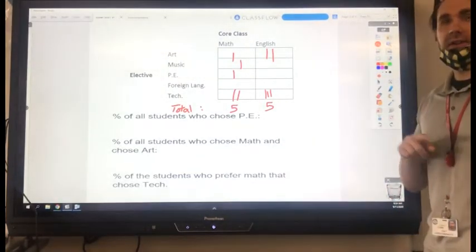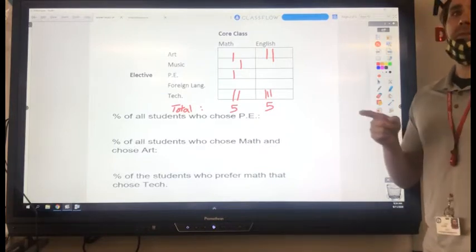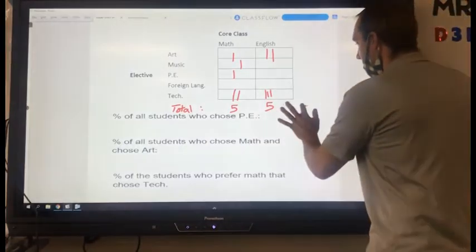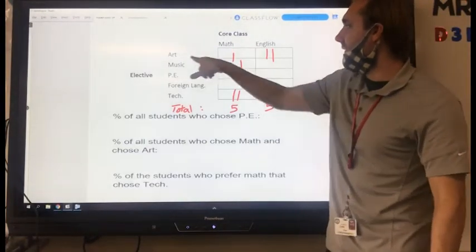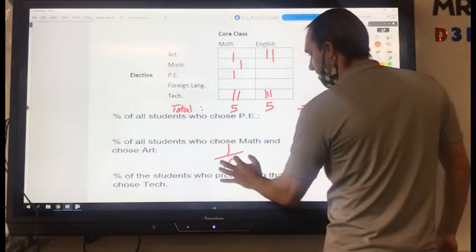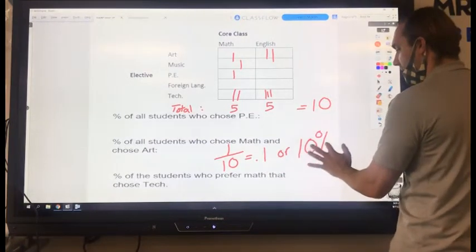They liked art and math. I heard 10%. How did she get that number? Well, what is our total? 10. And how many chose both math and art? 1. So I'll take my relative frequency, 1 over 10, 0.1, or change that to a percentage, 10%.